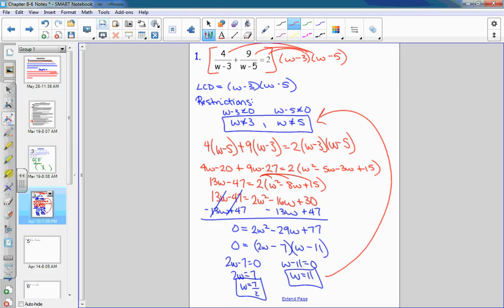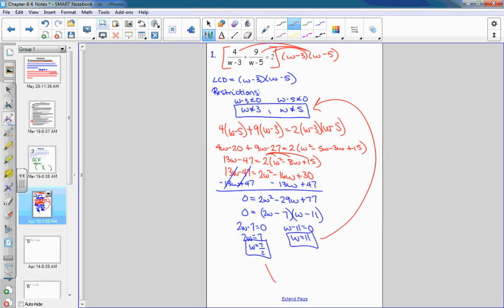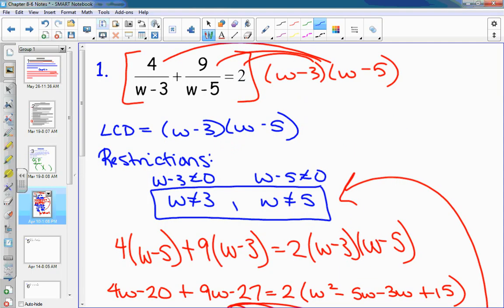No, they are not, so that means both of them are answers. So yes, both of them work. Does that make sense? Very easy if you apply what we've learned throughout the year here, correct? Let's do it again.